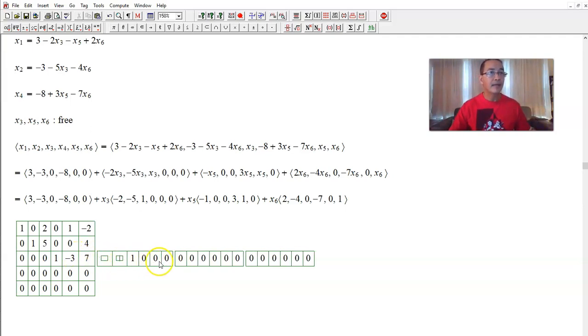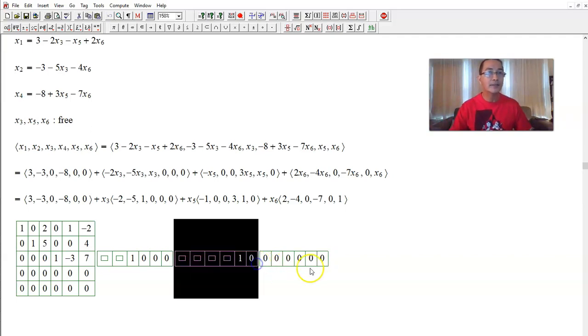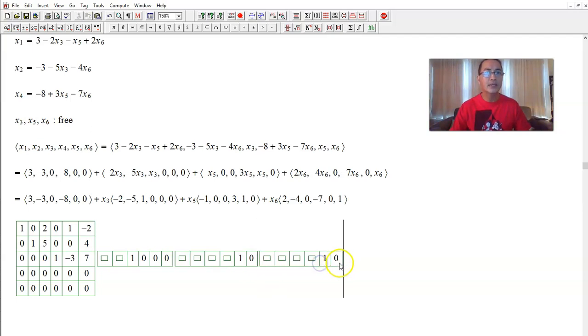And then we have x5. So let's empty the first 4. 1, 2, 3, 4. x5 should be a 1. To the right of it will be 0. And then the third should be all zeros except for the last one. So let me copy that last one and make that 0, 1. But we also said that everything below the trailing one should be a 0.